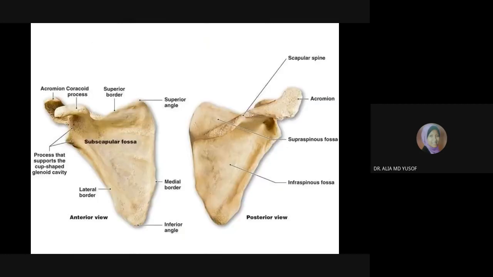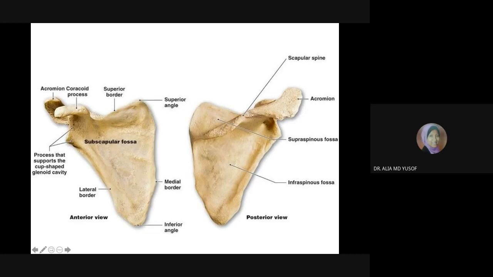Okay, right, now sekarang kita tengok the bone markings of scapula. Okay. Scapula yang nampak sebelah kiri ni, anterior view, adalah scapula sebelah kanan. Scapula yang nampak daripada posterior view ini juga adalah sebelah kanan.